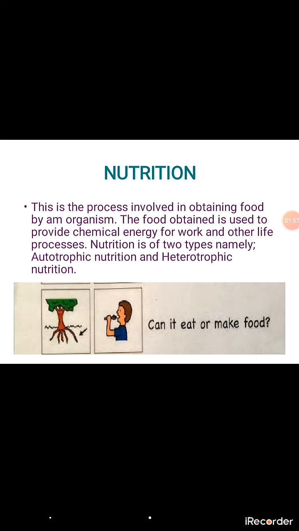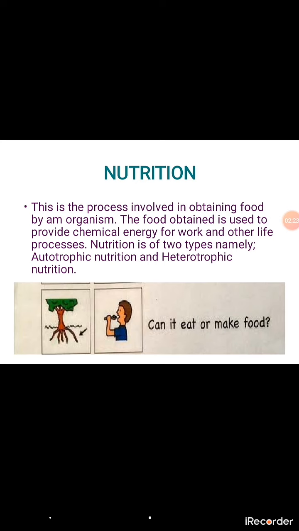Next thing is nutrition. Nutrition is a process involved in obtaining food by an organism, and then the food that is obtained is eventually used to provide chemical energy for work and other life processes. There are two major types of nutrition, that is autotrophic nutrition and heterotrophic nutrition.